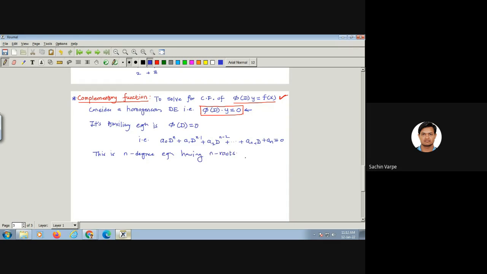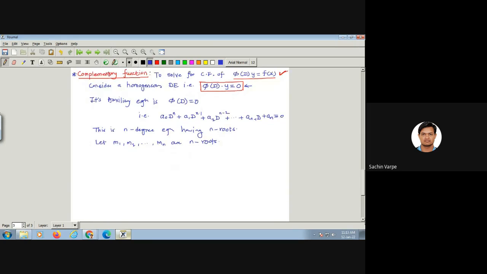So let us suppose those n roots are m1, m2 and so on, mn. Okay, we are considering that those n roots are m1, m2, mn.